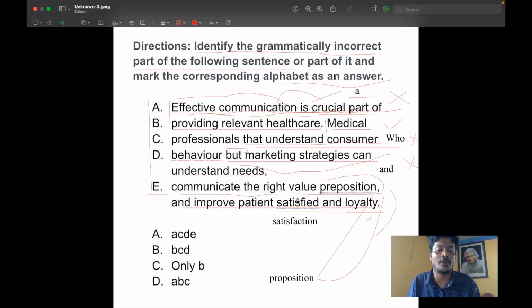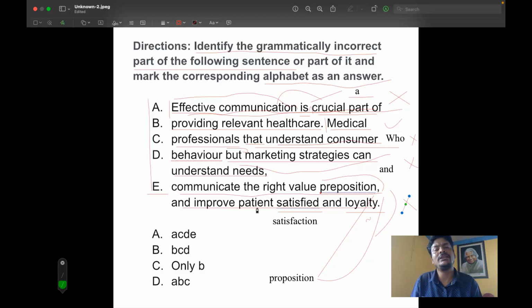Communicate the right value proposition and improve patient satisfaction and loyalty. Satisfaction and loyalty belong to the patient, so improve patient's satisfaction and loyalty. Instead of satisfied, we are supposed to use satisfaction. So we also find an error in option E, right?